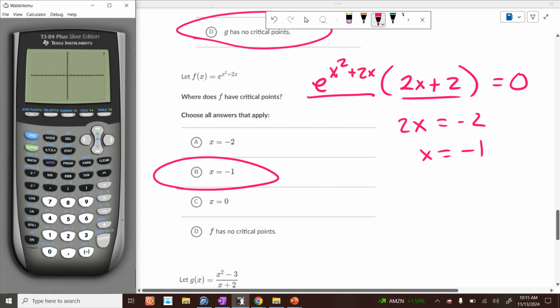If we graph it, right here, it has a minimum point, correct? At -1. Critical number, minimum point are the same things. Where the maximums or minimums occur are the critical numbers.